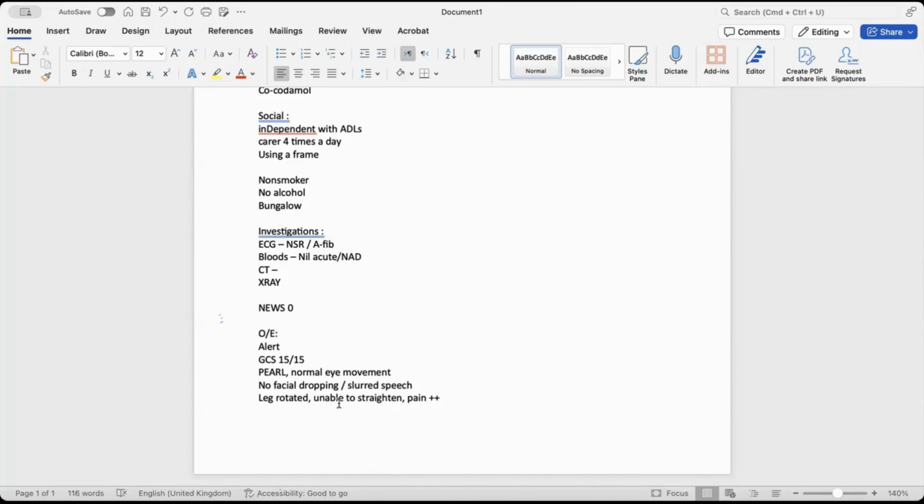Just a small question. When do we decide to do an A to E assessment under examination? Do you mean like a head to toe examination? No, airway, breathing, circulation, disability, and then exposure. Oh, you mean the A to E? Usually in A&E we do it, but again, it's not something that we do with every single case.